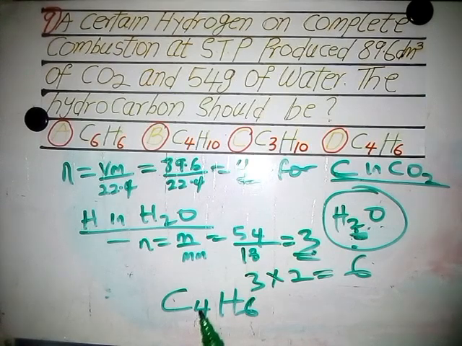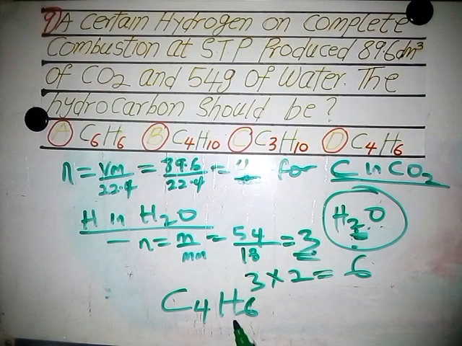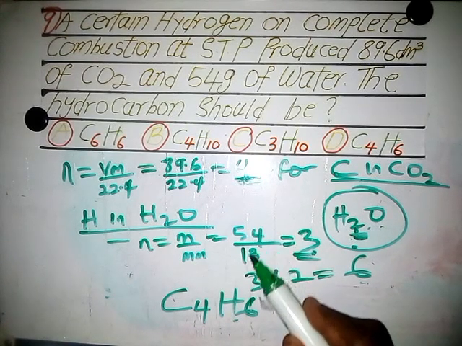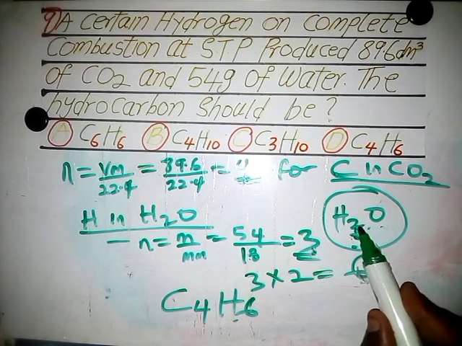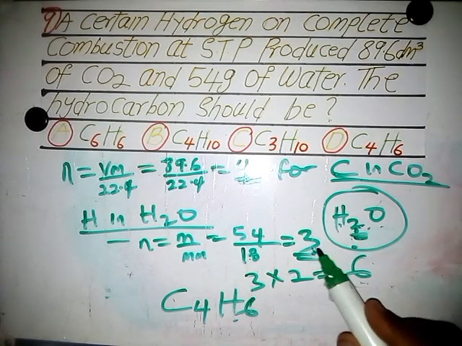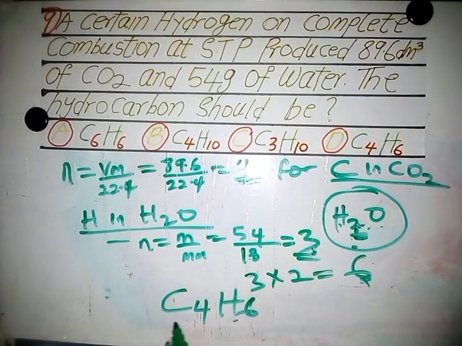The C4 is the one we calculated first, then the H6 is the one calculated here. Remember, when you divide this, you get 3, but because of this 2 in hydrogen, you have to multiply what you get by 2, so that your answer will be 6. So your final answer is C4H6.